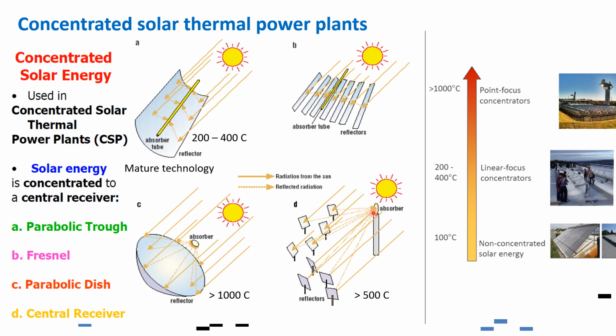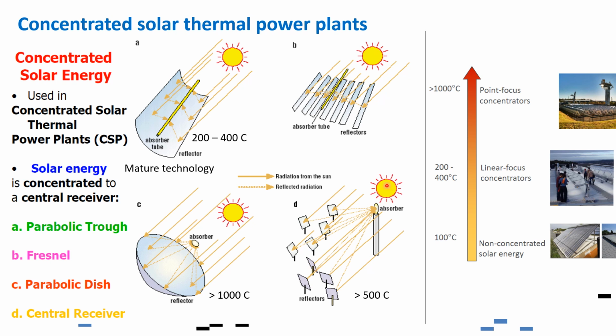This central receiver has a circulating molten salt or other fluid that can absorb the heat. The molten salt is heated because these heliostats, or mirrors, are actually tracking mirrors, which means they can move.